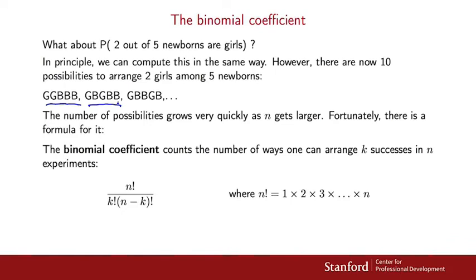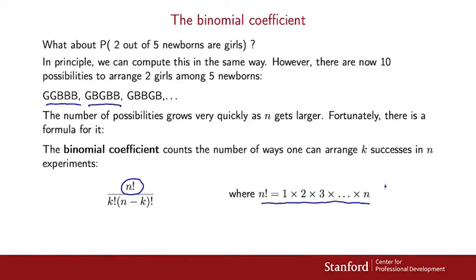That formula is given by the binomial coefficient, which counts the number of ways one can arrange k successes in n experiments. The formula reads n factorial, so that exclamation mark is pronounced as factorial. N factorial simply means you multiply up all the numbers up to n.